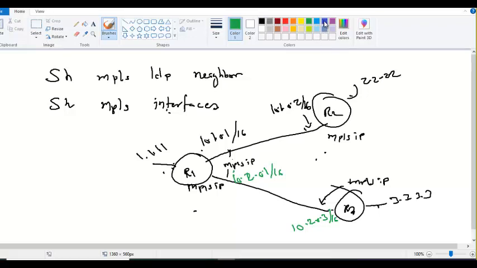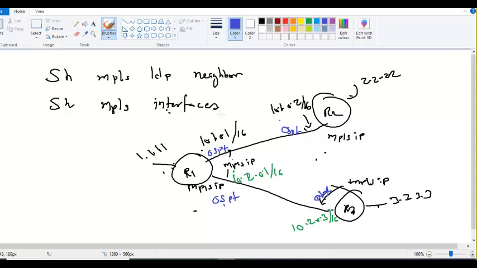You can ask more questions, like see OSPF is running here, no OSPF issues.